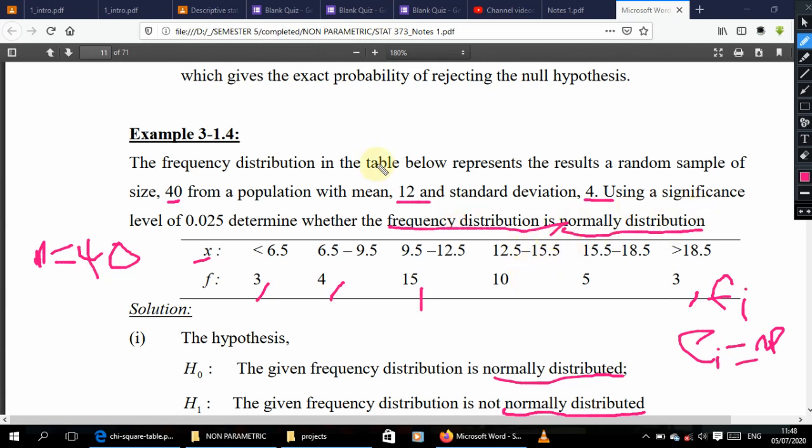Okay, and remember that if x follows a normal distribution, then we will need the mu. These are the parameters, and then the variance. Okay, so these are the parameters in the normal distribution, but fortunately for us, those parameters are given. This is the mean, and then the standard deviation.